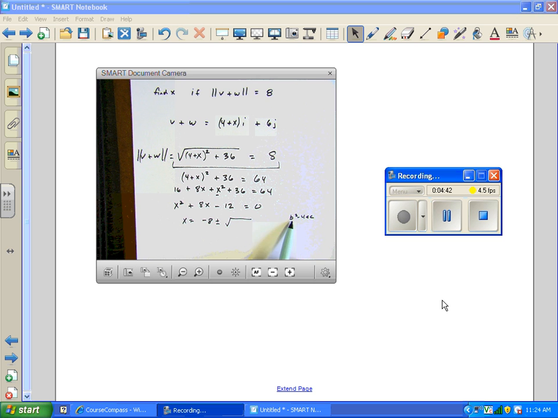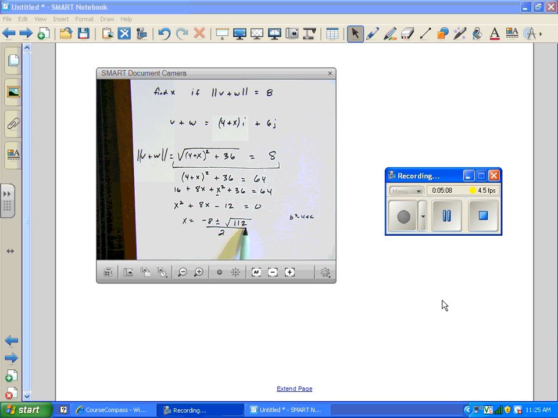Punch in your calculator as I say it: 64 minus 4 times 1 times negative 12. 112, over 2a, which would just be 2.